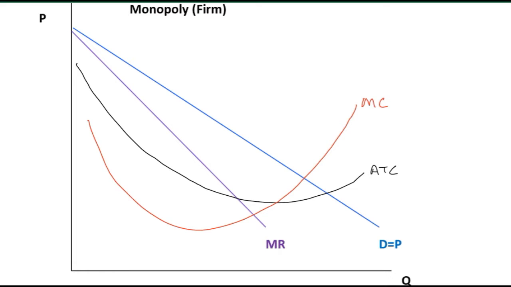Now, the firm is going to maximize profit by setting a quantity where marginal revenue equals marginal cost. So we locate this point, and that is the quantity that the firm will produce.